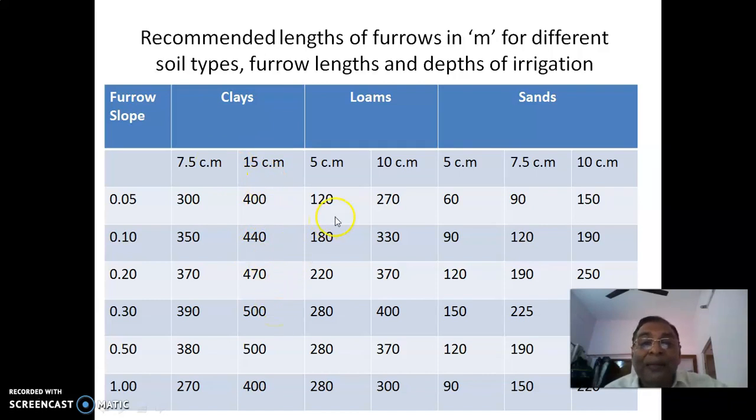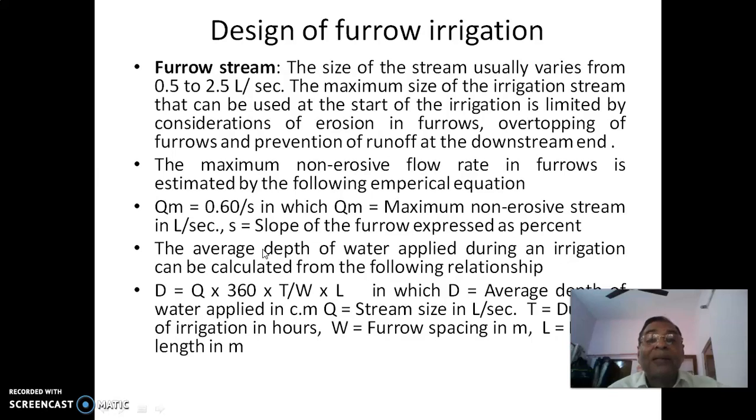And in the loams also, for lesser slope and lesser depth of irrigation, the furrow length is small, and with more slope and more irrigation, the furrow lengths are greater. Same is also like this. So this is a kind of chart you can prepare, prepared already, and you can use it. So then, design of furrow irrigation.